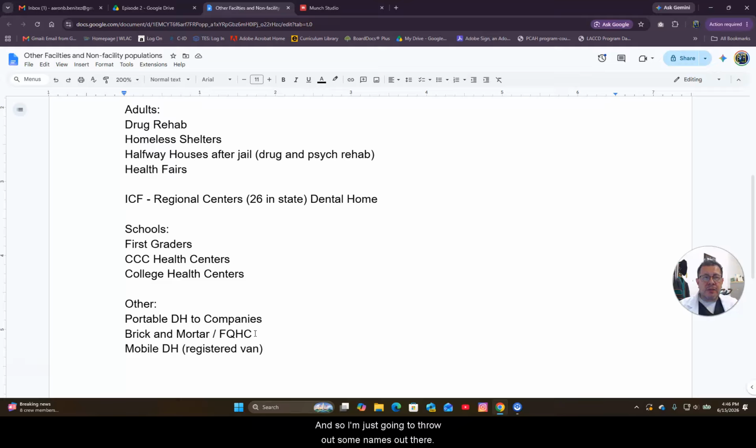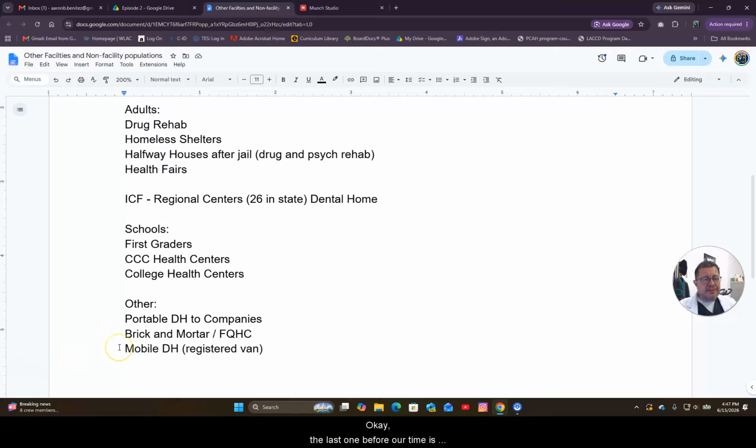I'm just going to throw out some names: Via Care, Altamed, Monsignor Romero. These are federally qualified health centers. You can work as an RDHAP in these places, but also as an RDH. So, who's going to treat the people that can no longer come in because of their age or their medical condition? Me, I can do it as an RDHAP. You can get referrals.